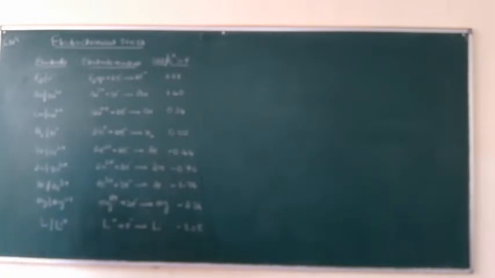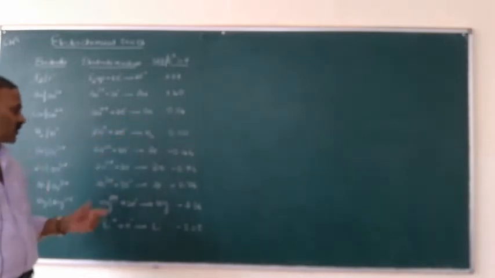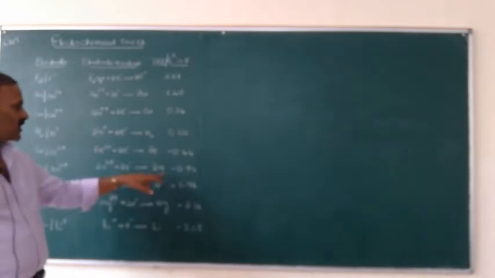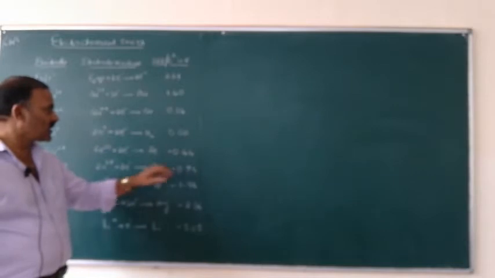I have explained how the electrode potential of zinc electrode is determined using SHE, and also how the electrode potential of copper electrode is determined using standard hydrogen electrode. The standard reduction electrode potential of zinc electrode I have determined is minus 0.76.